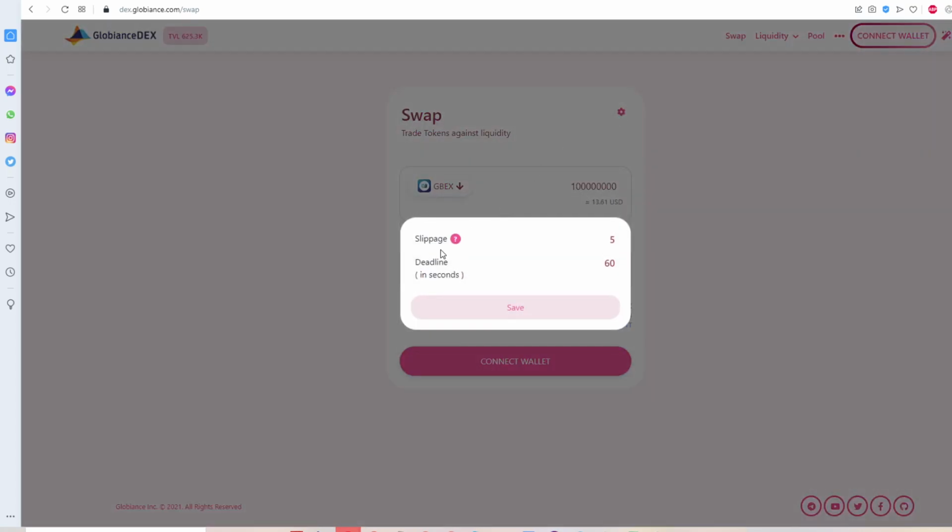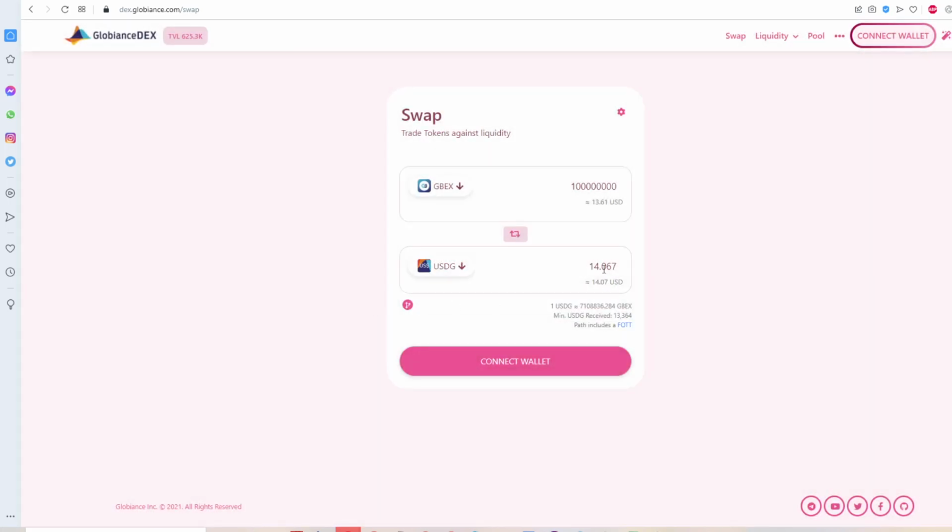That's why you can set up slippage in percentage. Here slippage allows you to set a tolerance in percentage up to which price deviation is acceptable. Currently the default says 5% difference to what it tells me here, I accept. Everything above, the trade would not go through.